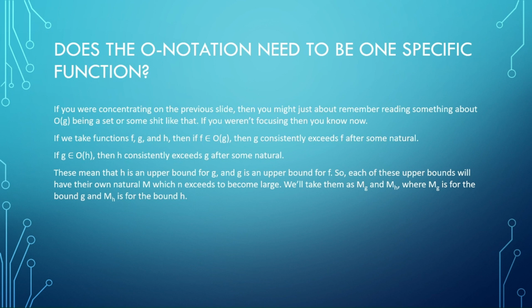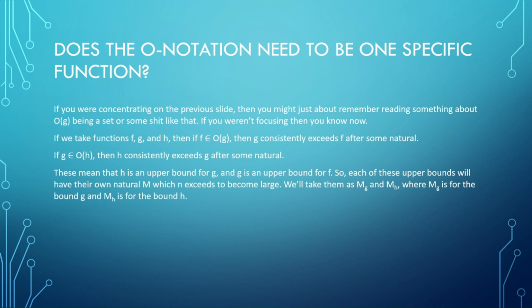You might be able to visualize that in your heads graphically, or maybe mathematically, if you have a very mathematical mind. So each of these upper bounds should have their own natural number m, which n exceeds to become large.